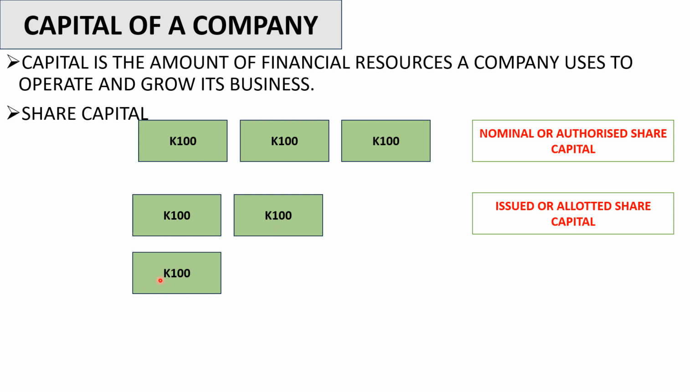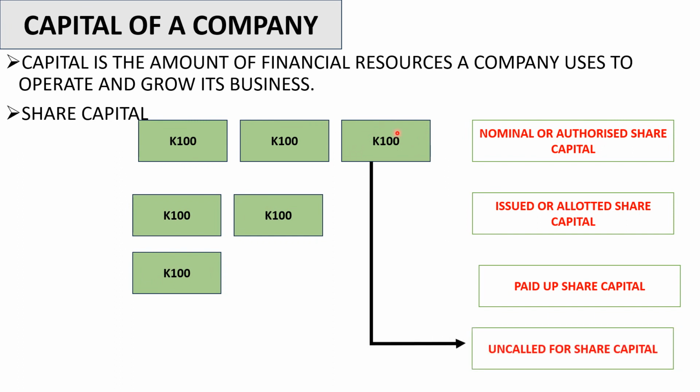So this one, which has been paid for, is called paid up share capital. Then finally, the one that remains is called uncalled for share capital, the one that is not issued out to the shareholders.